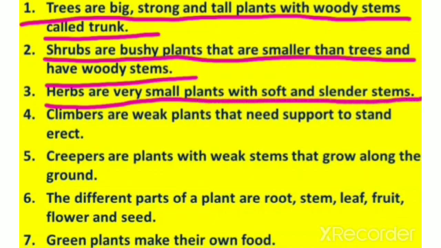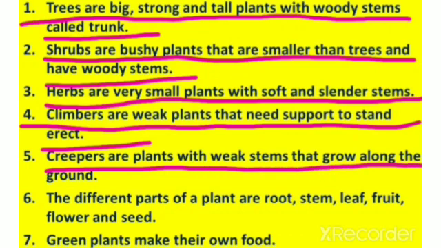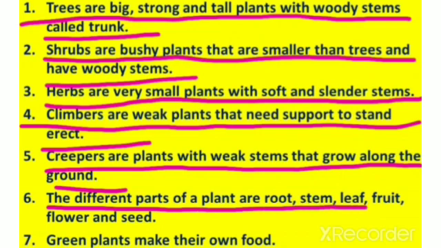Climbers are weak plants that need support to stand erect. Creepers are plants with weak stems that grow along the ground. The different parts of a plant are root, stem, leaf, fruit, flower, and seed.